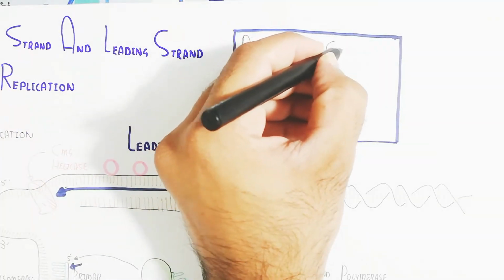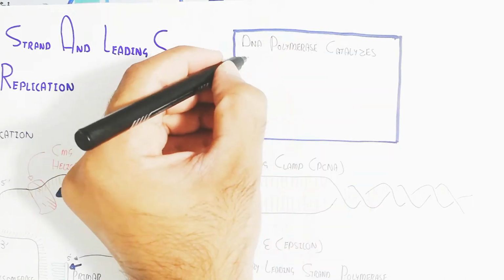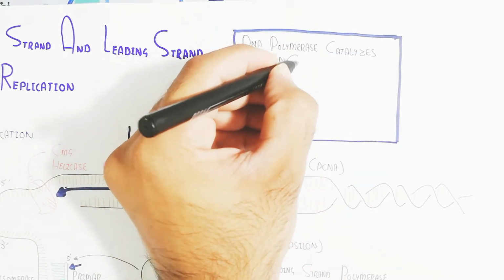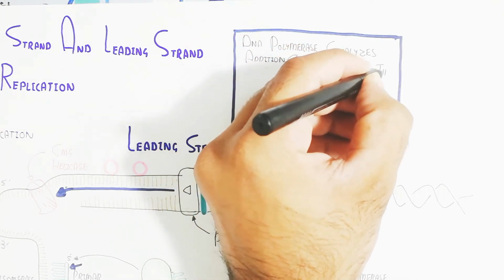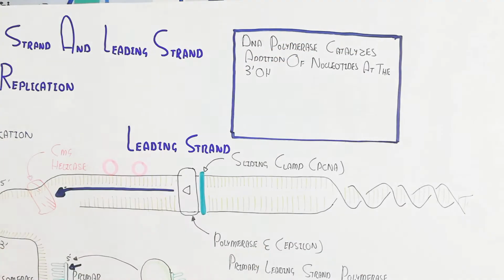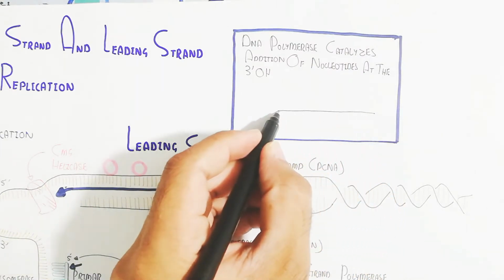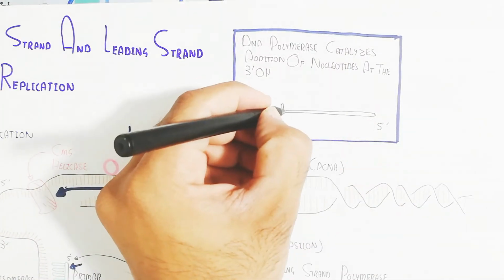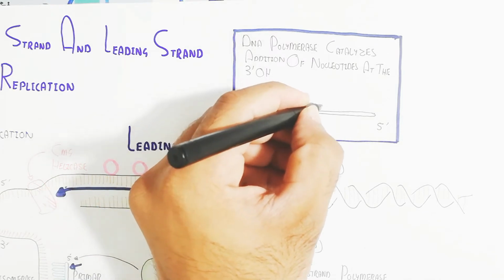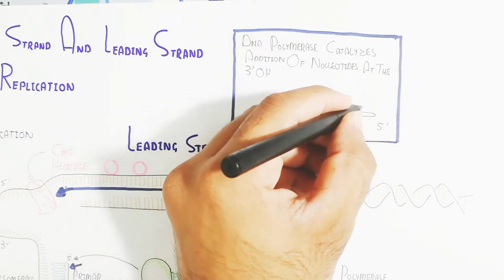Remember, DNA polymerase catalyzes the addition of nucleotides at the 3' hydroxyl group. The 3' hydroxyl group is required for the addition of further nucleotides, so this is the 5' to 3' direction, and the other strand is 3' to 5'.